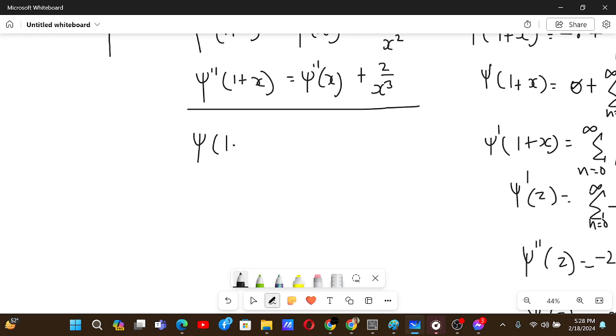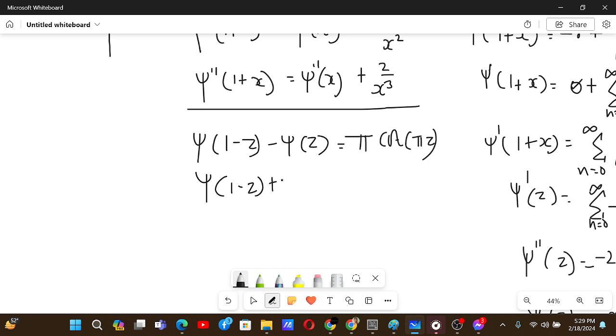Now basically we have digamma of 1 minus z minus digamma of z equals pi cot pi z. Now if we differentiate this, we will get minus of trigamma of 1 minus z minus trigamma of z equals minus pi square cosec square pi z. That's why I have removed the minus sign.